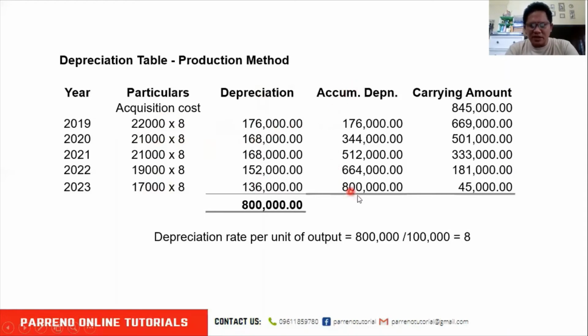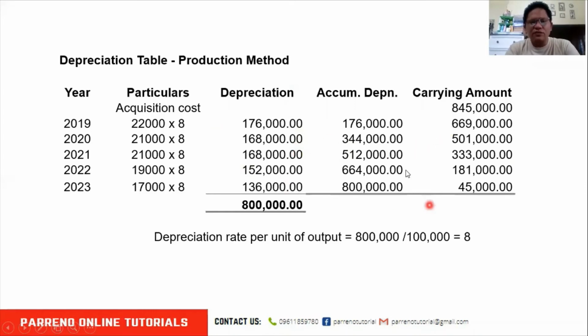Accumulated depreciation is the same. This 2020 is equal to 2019 plus 2020 depreciation. So 2021, again, depreciation for 2019, 2020, and 2021.